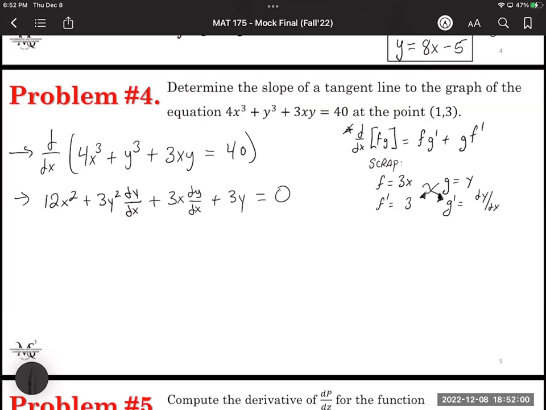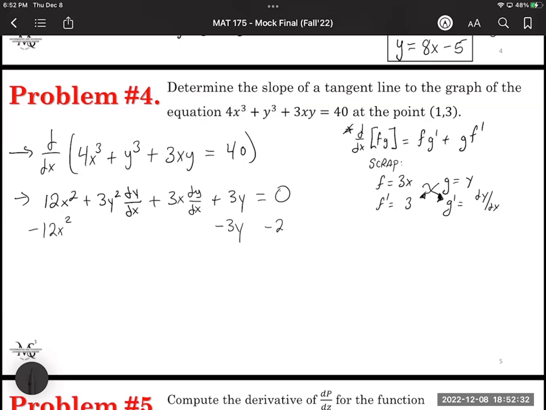After this is just a bunch of algebra and arithmetic. When you want to find the slope of your tangent line, remember dy/dx is your notation for the derivative, so you have to now isolate dy/dx. You've got to get it by itself, and once you do, you're able to plug things in. The terms that do not contain a dy/dx, you can move to the other side of the equation. For example, you can subtract 12x squared and 3y on both sides.